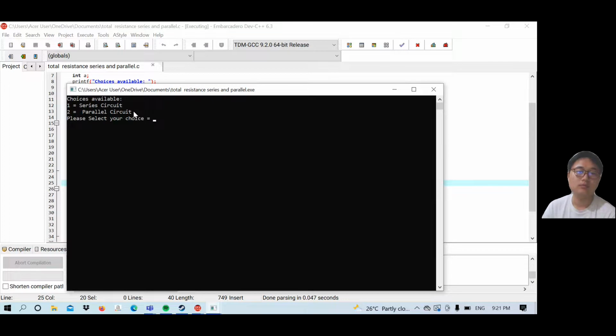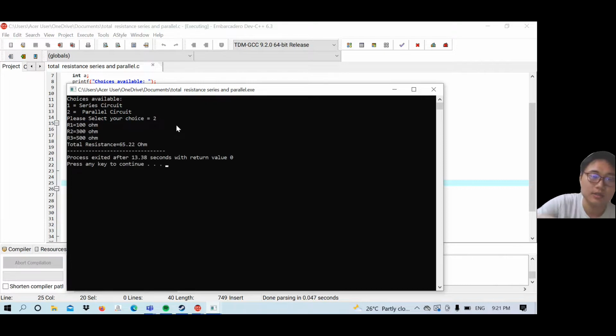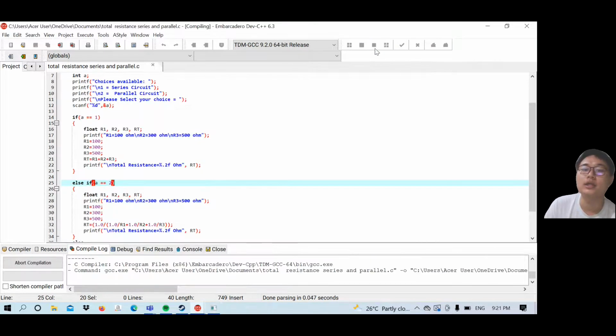Choices available. Please select my choice. Right now I click number 2 and press enter. The resistance for display is also shown above, 1, 2, and 3. The total resistance is 65.22 ohm. So it's correct. So I compile and run again for the third time.